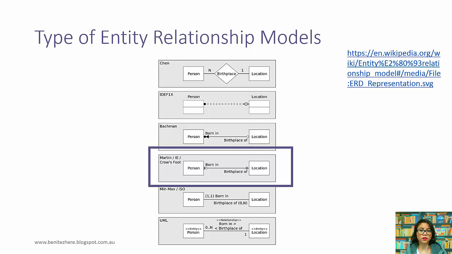There are many different types of entity relationship models. The one that I apply when I do my ERDs is the crow's foot. That's a personal preference because I find that it is very easy to understand, and I had a good teacher back then, Sean.